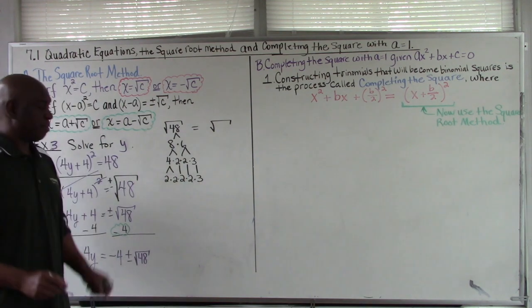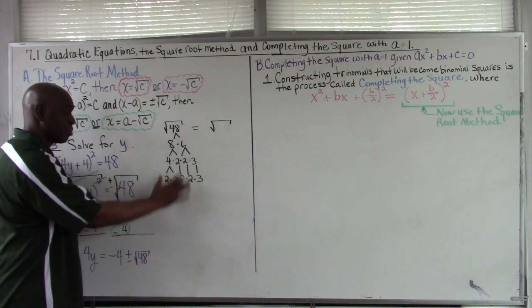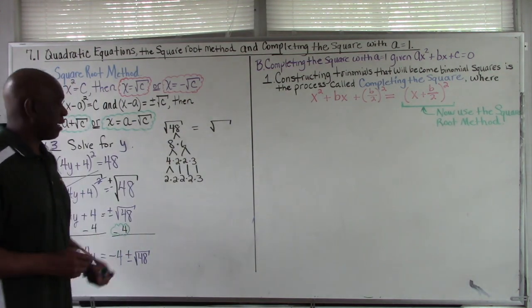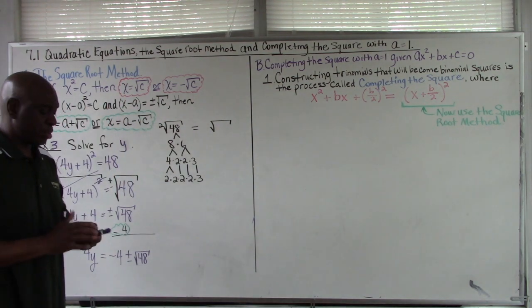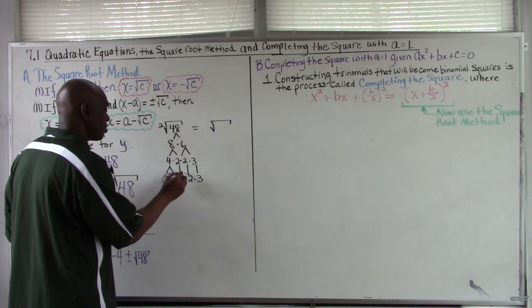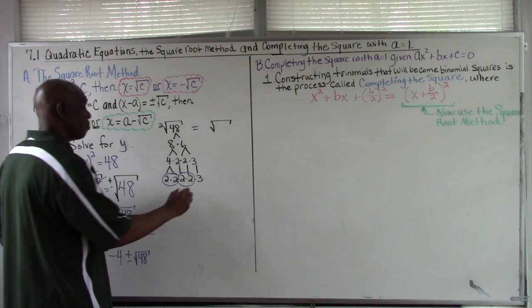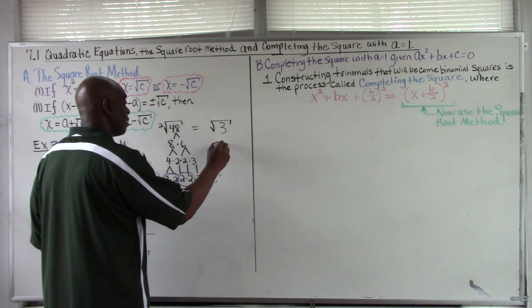Be very careful and line it up nicely when you bring these numbers down. They're all prime numbers. Our index is 2, so we're grouping by 2's. Here's one set, here's another set, and that's it. The 3 did not get grouped, so 3 goes back in.